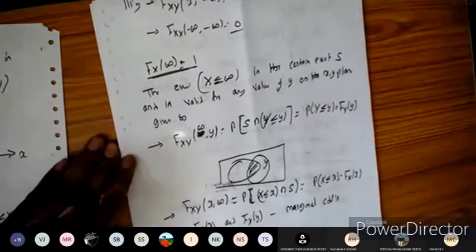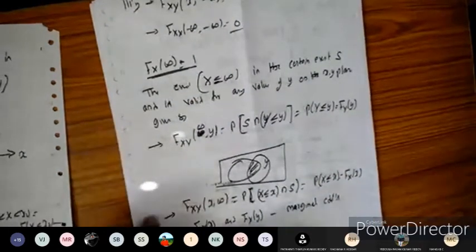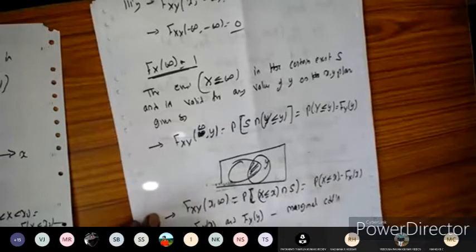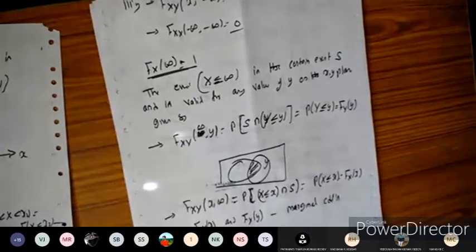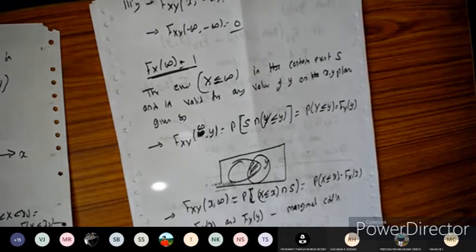Similarly, let us apply it for Fxy of infinity comma infinity. This will become equal to 1, because all the possible events will be there. 1 is nothing but the sum of all the probabilities. So this is the bivariate cumulative distribution function.